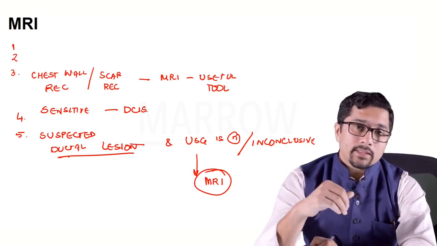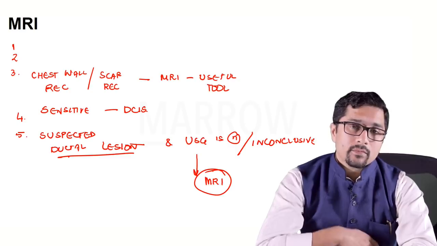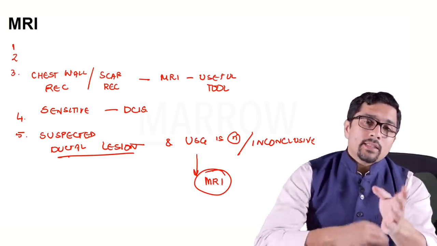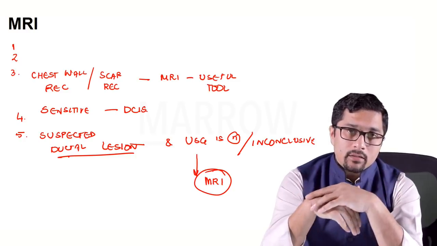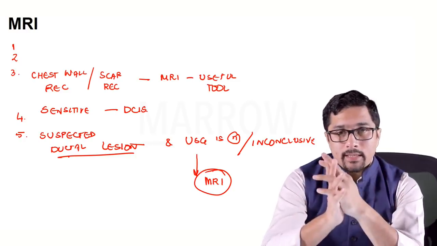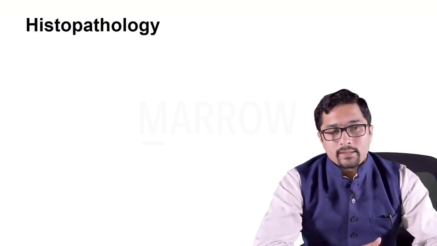This was asked in the AIIMS exam as well a couple of years back. So these are some of the indications to get a breast MRI done, and you should remember these for the exam.